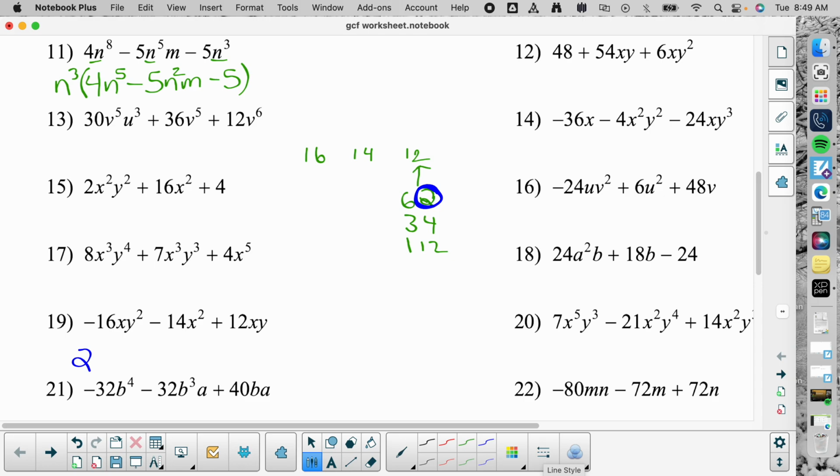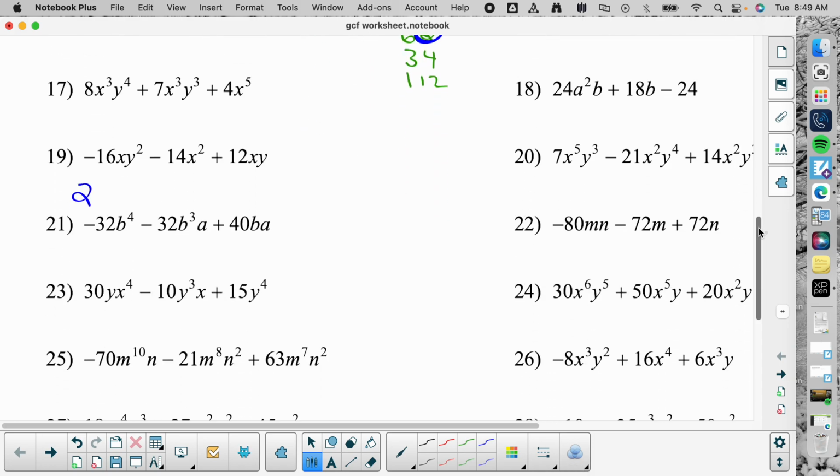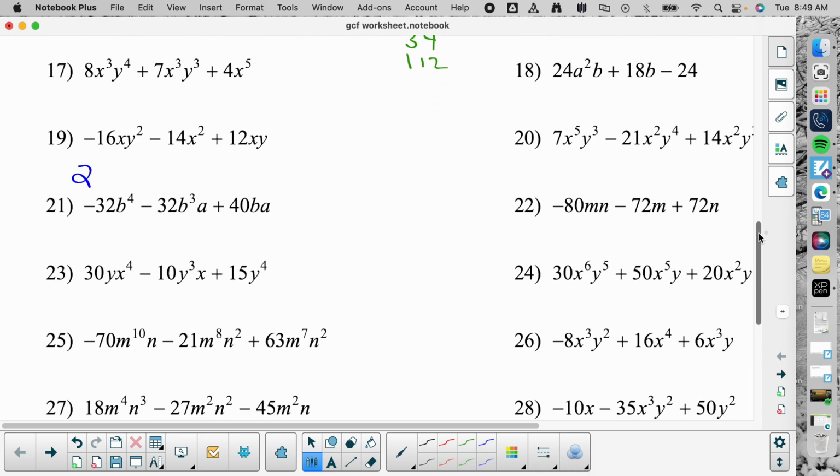Okay, so we take the 2 out. Then I will look at letters. X's, do they all have an X? On number 19. Do they all have an X? Yes. Okay, now I need to figure out how many they all have. That one only has 1, and that one only has 1, so we can only take 1 out.